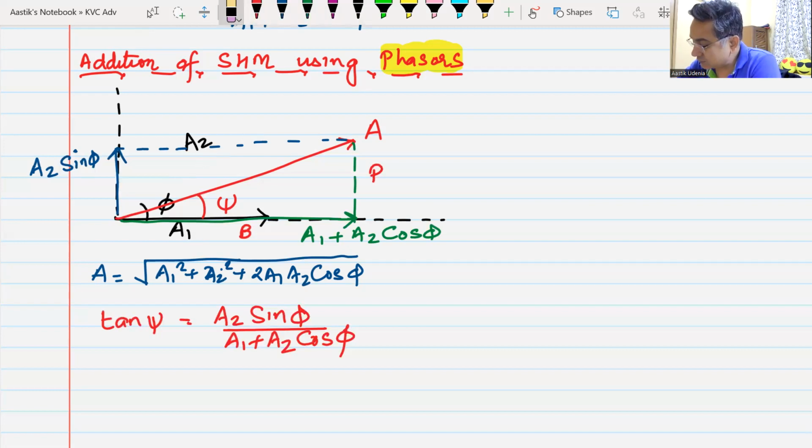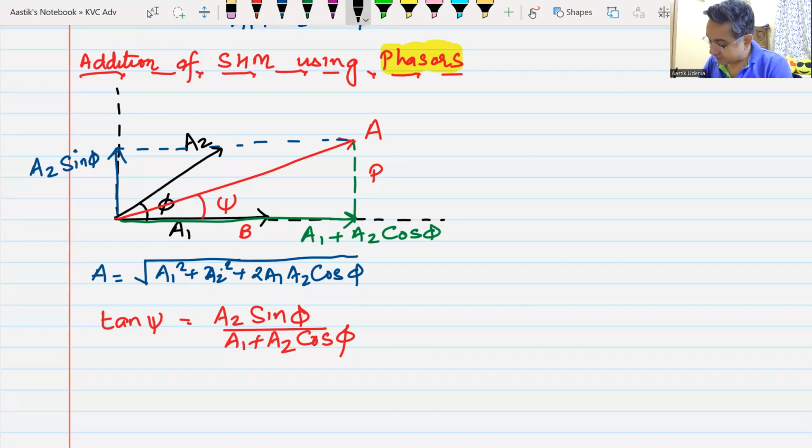Yes, sir. Now, what will be the value of this amplitude depends on the angle, right?